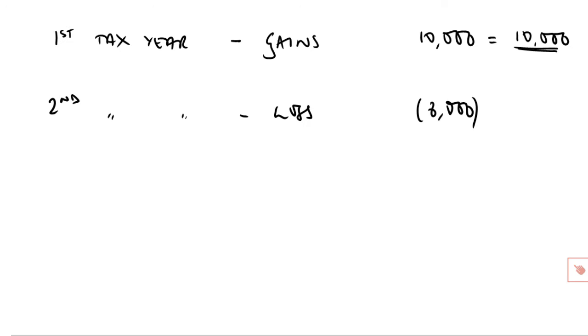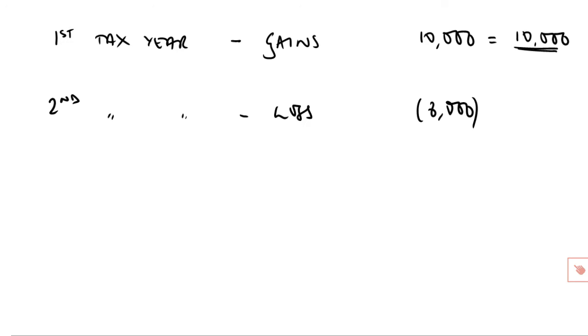So what advantage is that? Well, one, if there were going to be much bigger gains in the second tax year, then you'd be able to offset the loss of 8, hopefully against gains that would have been above the level of the AEA, and therefore get use out of that loss.